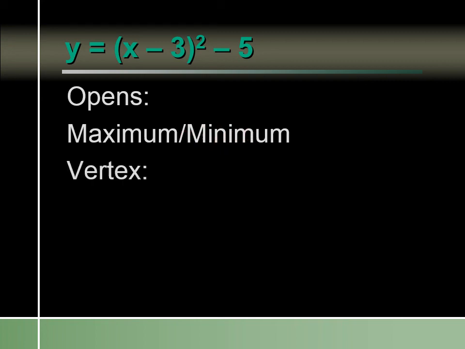And my vertex, which I get from my h, k values, is going to be (3, negative 5). My line of symmetry is going to be whatever my h value is. Since my h value is 3, that means that my line of symmetry will be x equals 3.